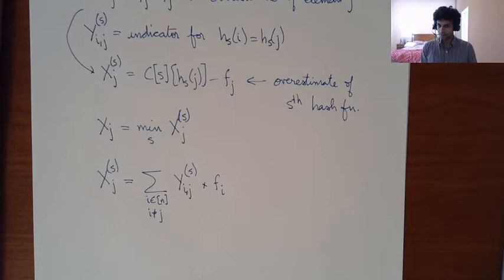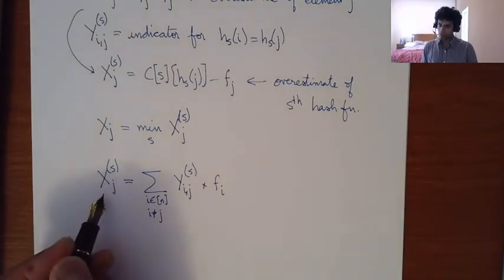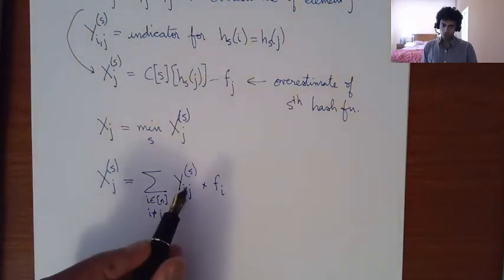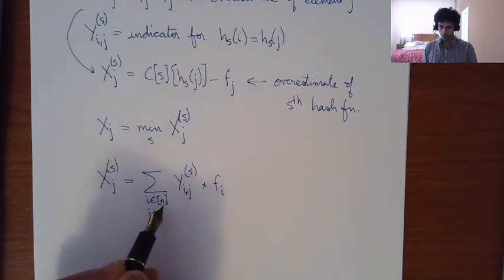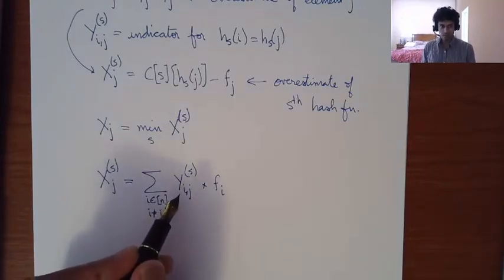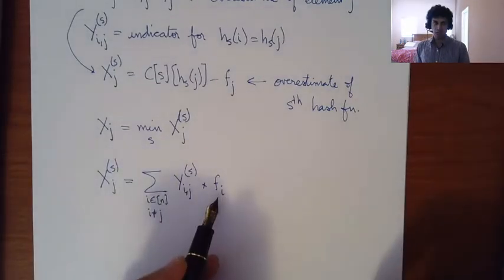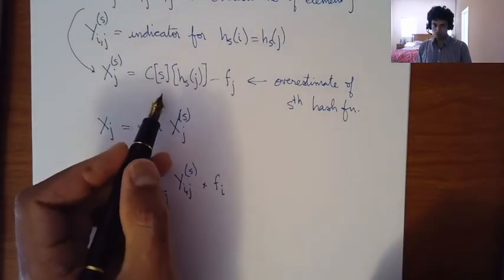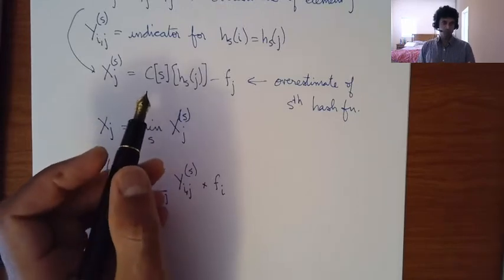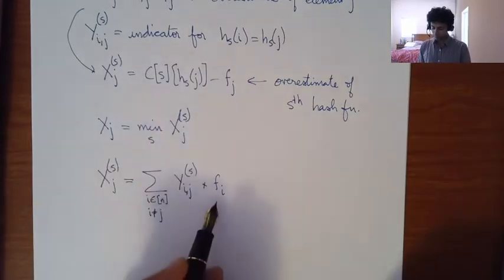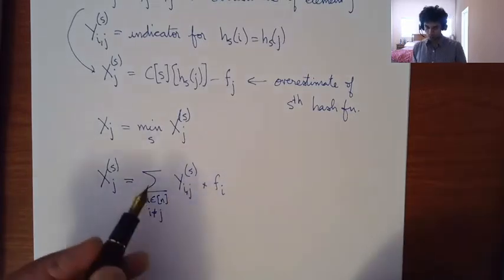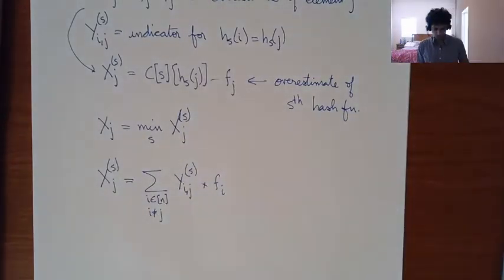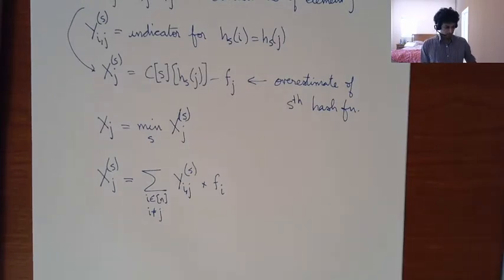Does this make sense? The overestimate in the sth function is obtained because of collision. For every other element, if it collided, then it would increment the cell, the bucket corresponding to j, by fi as well, and this is going to be the overestimate. Any questions about that? Is that clear?